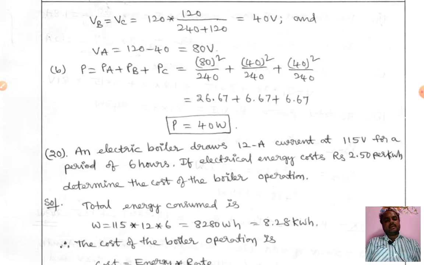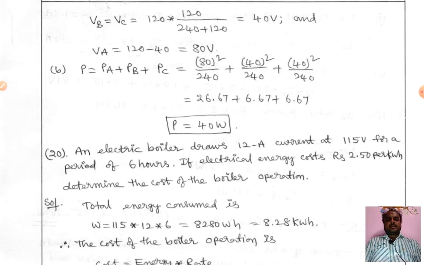Here we are applying the voltage division principle: current into resistance, that is, the resistance of the bulb we are finding, divided by the total resistance. So VA is equal to 120 minus 40, that is equal to 80 volts. Now for power, total power P is equal to PA plus PB plus PC.